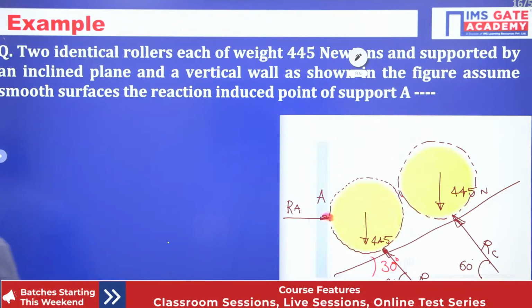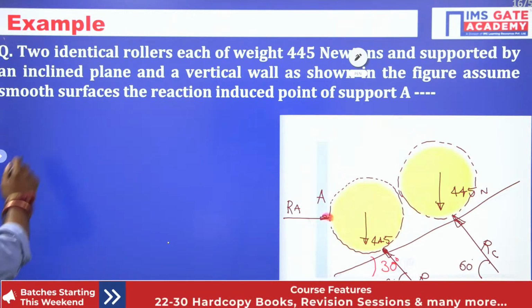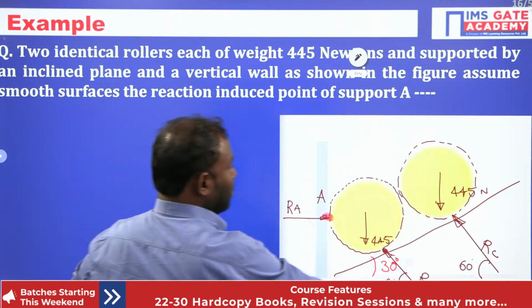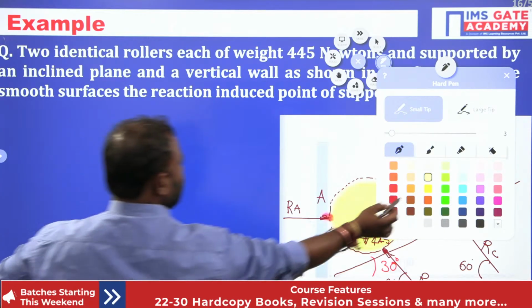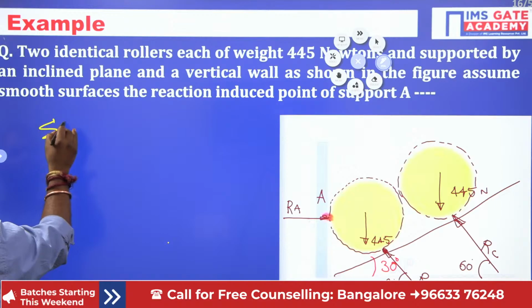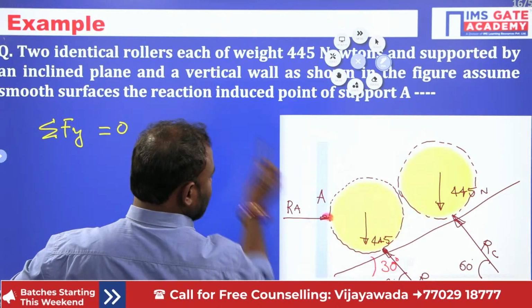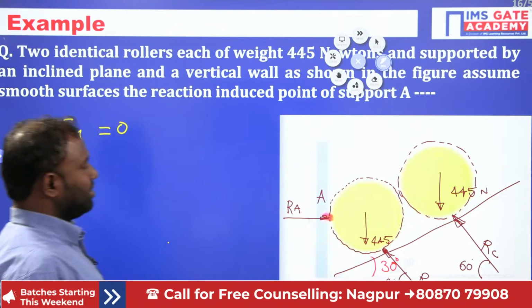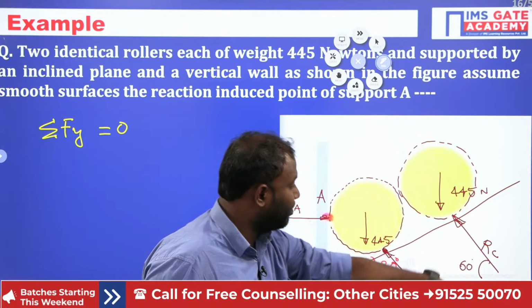Let us draw that. Let's apply sigma Fy equal to 0. Now what are the upward forces? RB, and RC sin 60, here 60 with the horizontal, right.